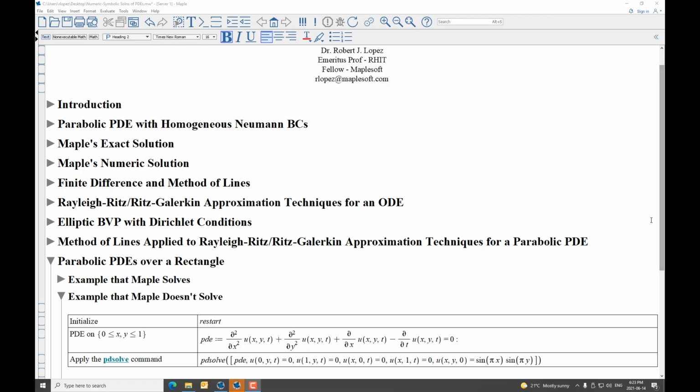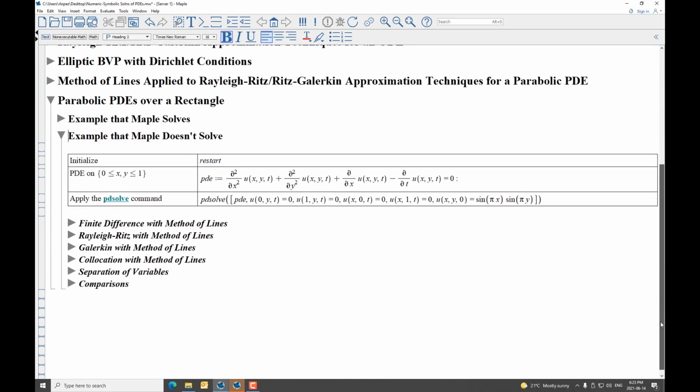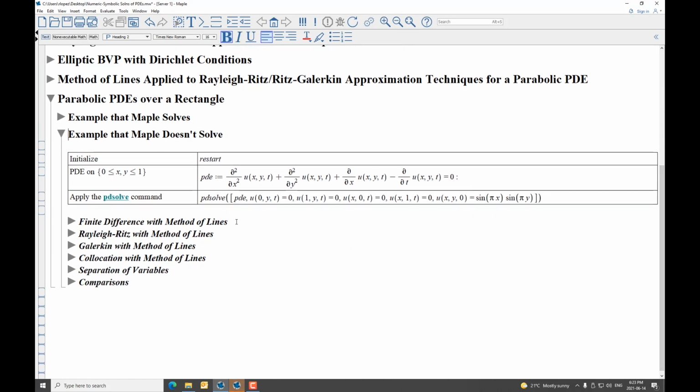So what are the approximation techniques that we can throw at this problem? Finite difference using method of lines, Rayleigh-Ritz, method of lines, Galerkin, method of lines, collocation, method of lines, and I actually came up with a separation of variables solution to this problem so that we can make comparisons.